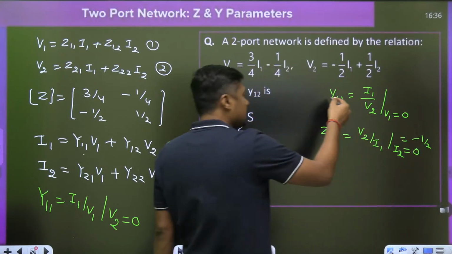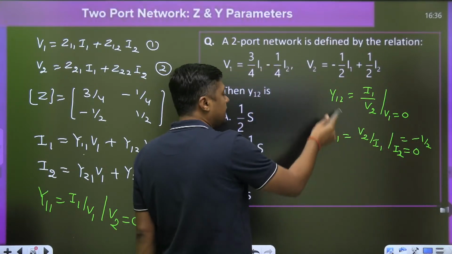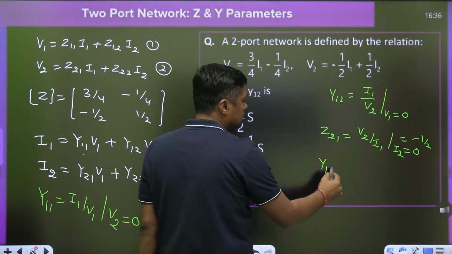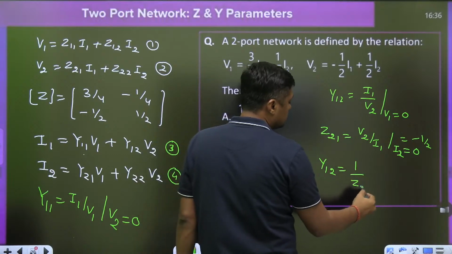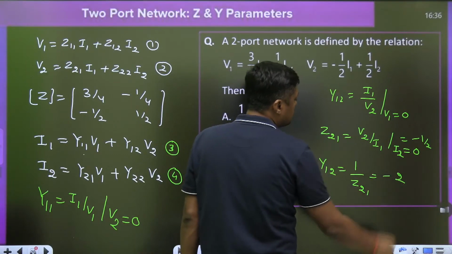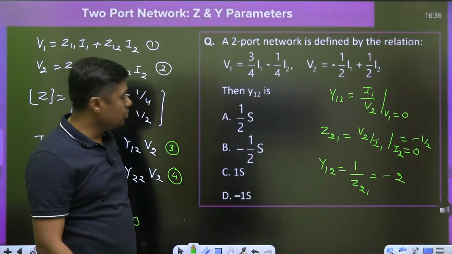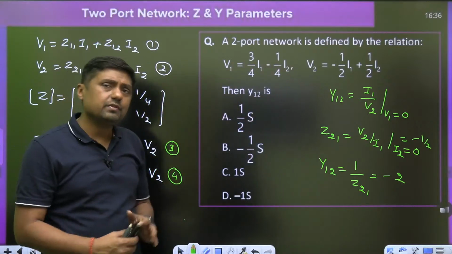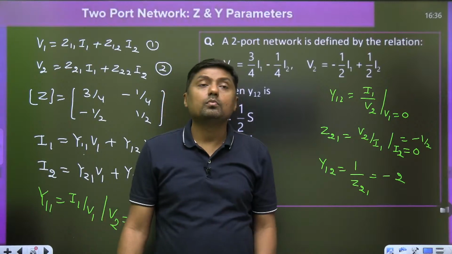So can we say y12 is the reciprocal of that? You will get the answer minus 2, but minus 2 is not in the answer. Can we say that? No.